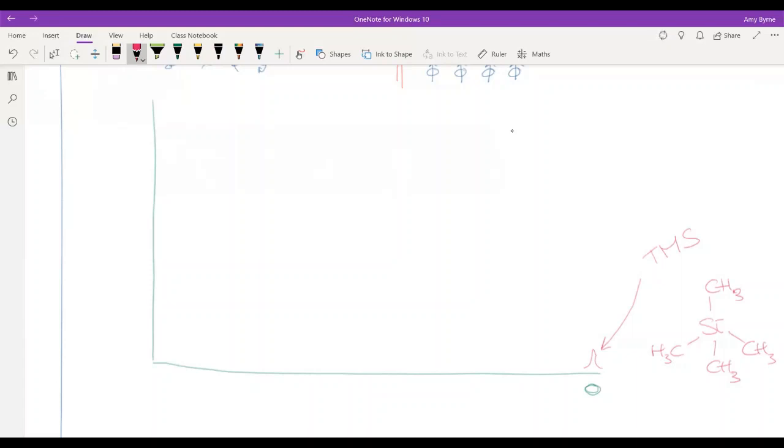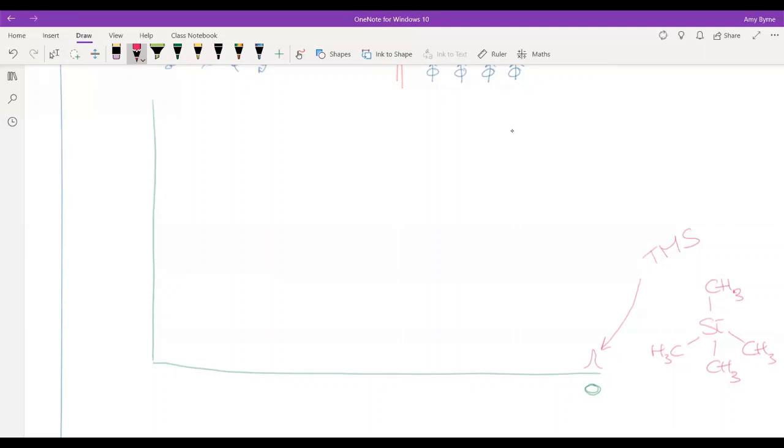It is 12 protons in exactly the same chemical environment. What that means is that it gives me a nice, strong, easily readable signal that shows up on my NMR graph.